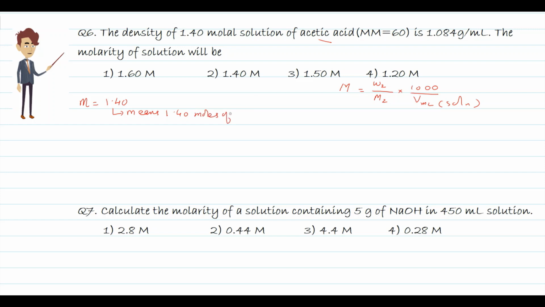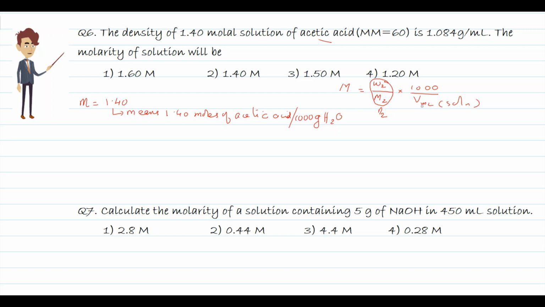Here acetic acid is the solute. 1.40 moles of acetic acid per 1000 gram of water. So in the molarity equation we have W2 by M2. It represents nothing but the number of moles of solute, or number of moles of acetic acid. So we got the N2 value in the molarity equation.